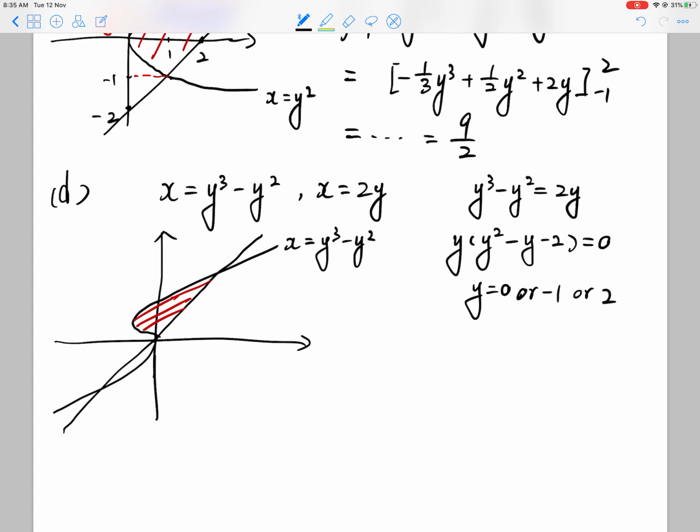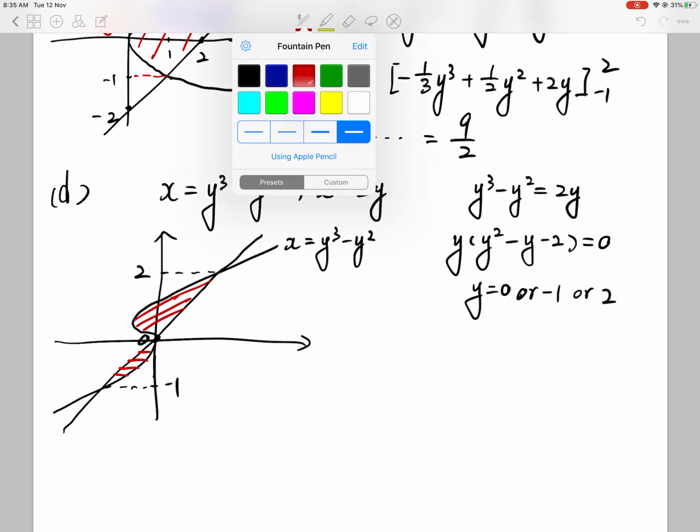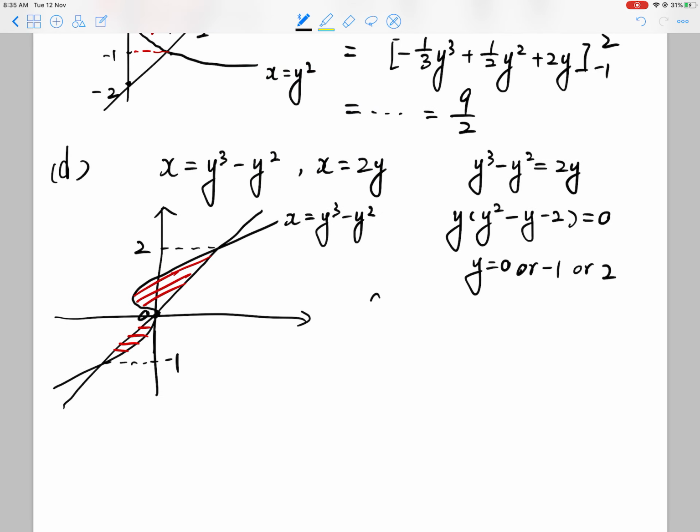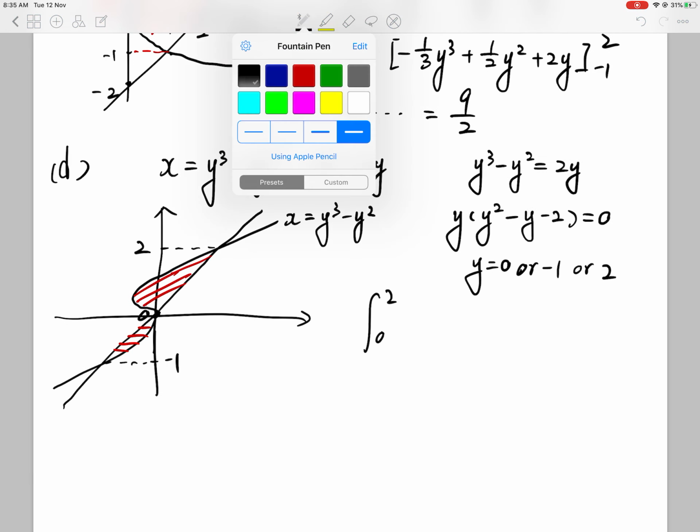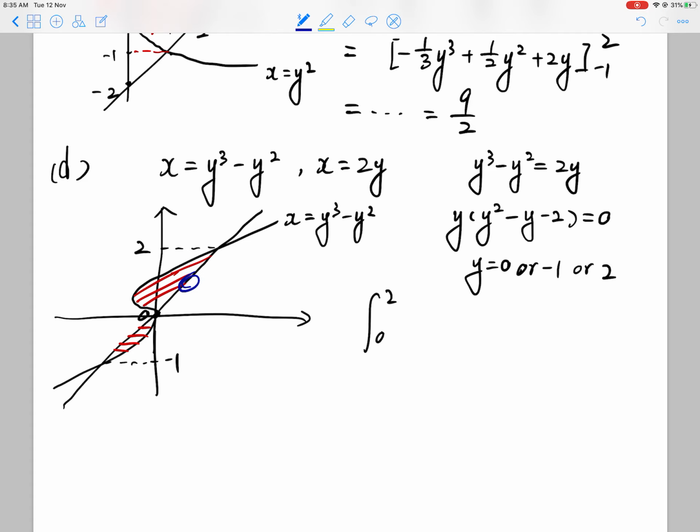So this point is 2, this point is 0, this point is negative 1. What we want is these two regions. From 0 to 2, the straight line is on your right, the curve is on your left.